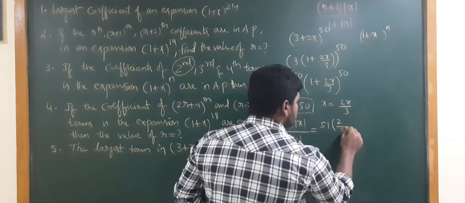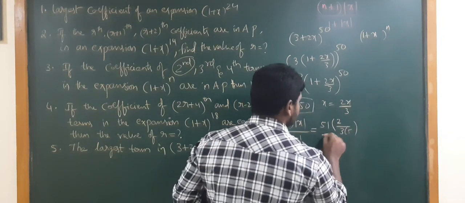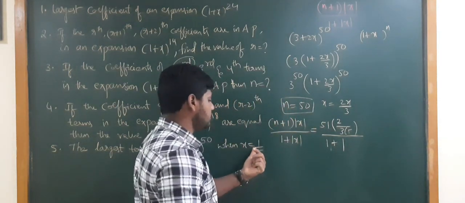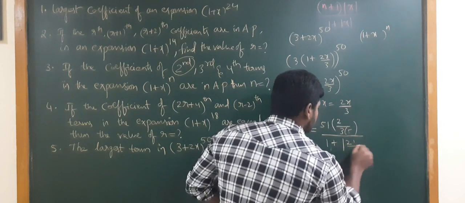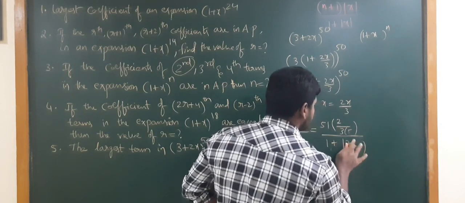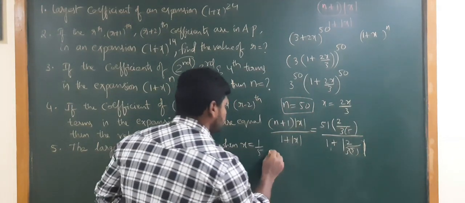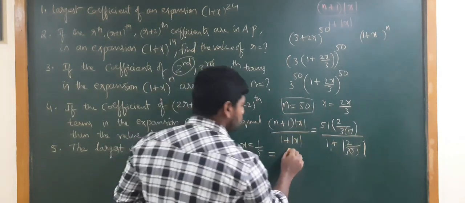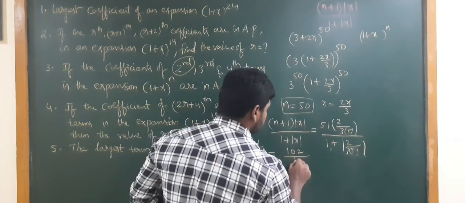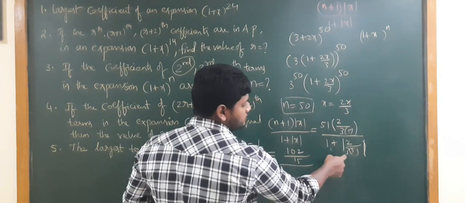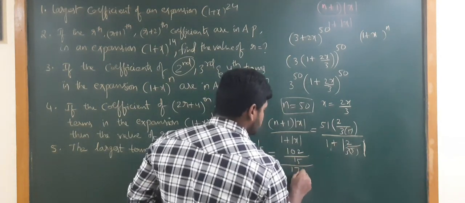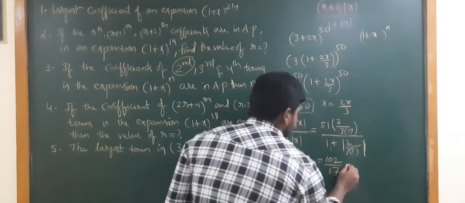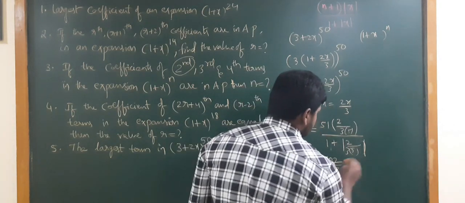So 2x by 3 will become 2 into 1 by 5 by 3, that is 2 by 15, divided by 1 plus 2 by 15. You simplify that: 51 into 2 is 102 by 15, divided by, here LCM is 15, 15 plus 2 is 17 by 15. 15 cancels, you get 102 by 17, which is 6.